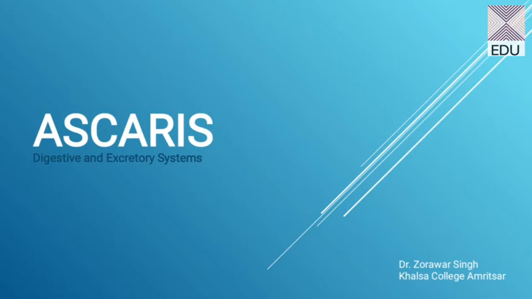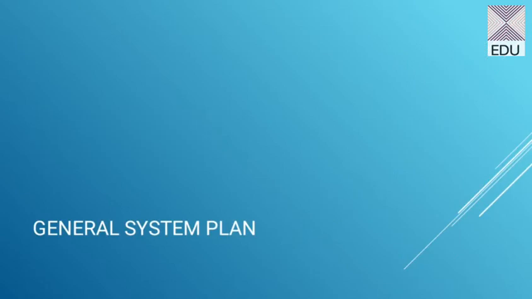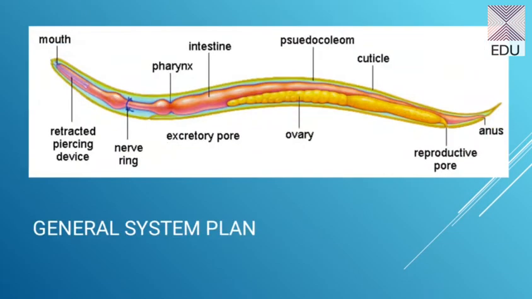Students, if we take the general body plan of Ascaris, you can see that the whole body is altogether very simple. It starts with the mouth and ends with an anus, so you have a complete digestive system.